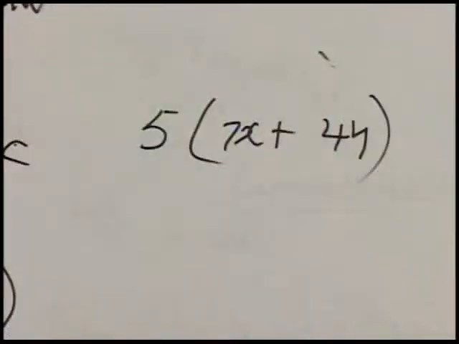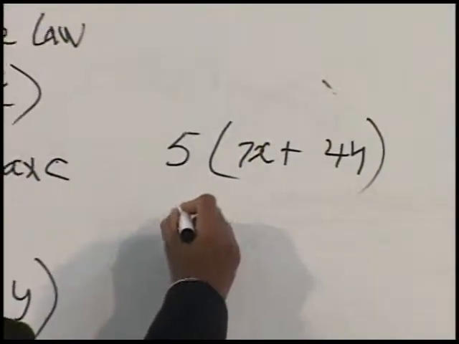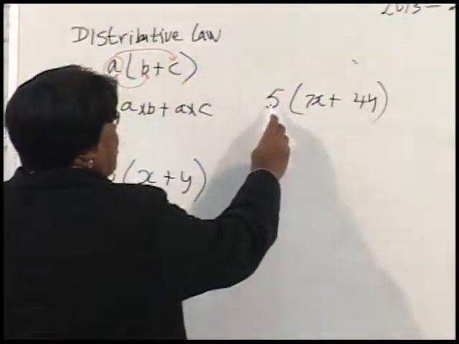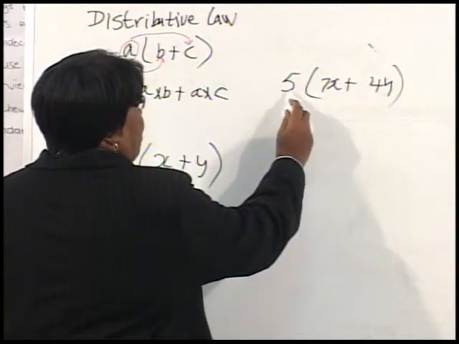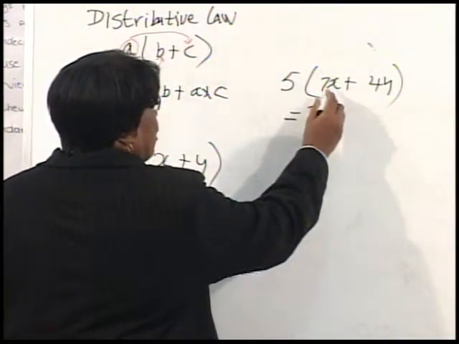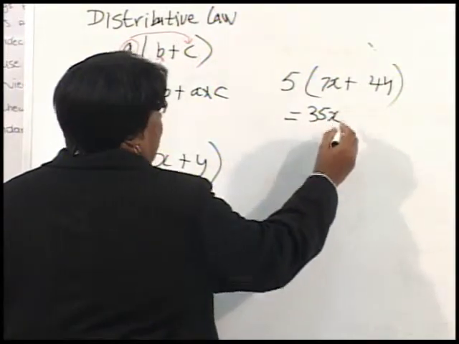So I wonder, are you up to this right now? If I gave you this, that you had 5 open bracket and it is 7x plus 4y, what would be my answer? 35. So again, we will be saying number times number. 5 times 7 will give you 35. And what do we have hanging on to it? An x. So we put it back.